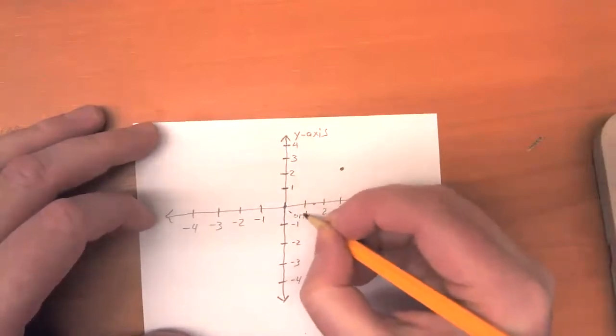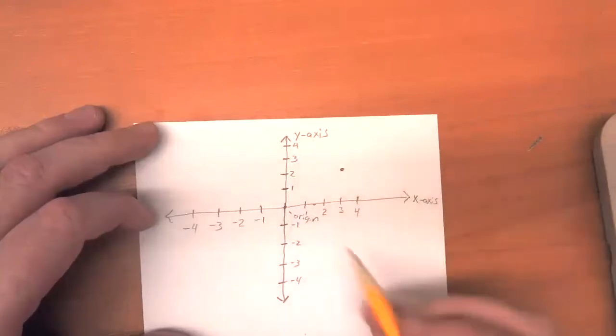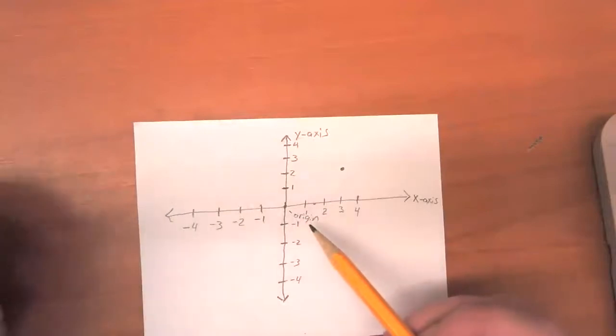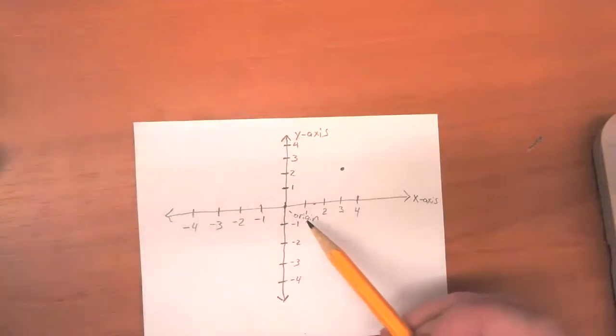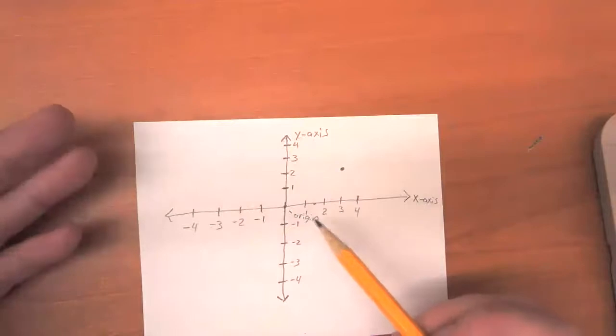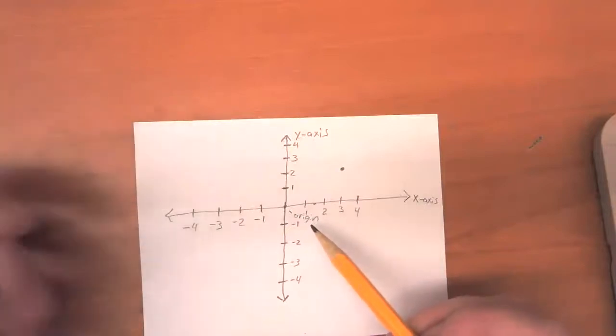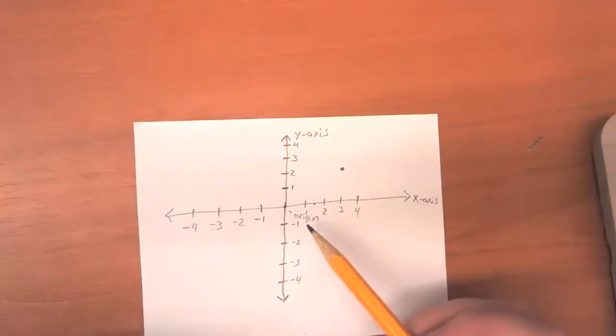We call this point the origin. And origin means the starting or the beginning of something. Just like in comic books, Spider-Man's origin story is that he was a teenager who was bitten by a radioactive spider, and that gave him superpowers. So that's how Spider-Man got started.